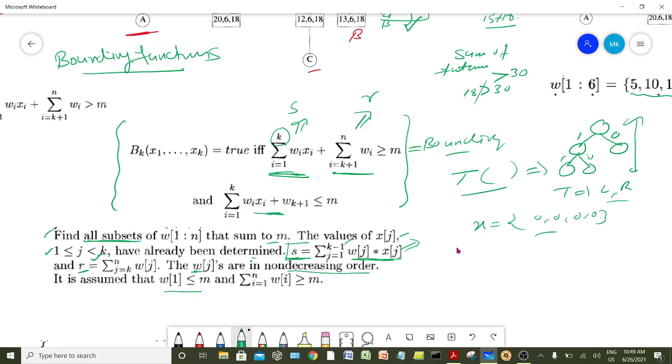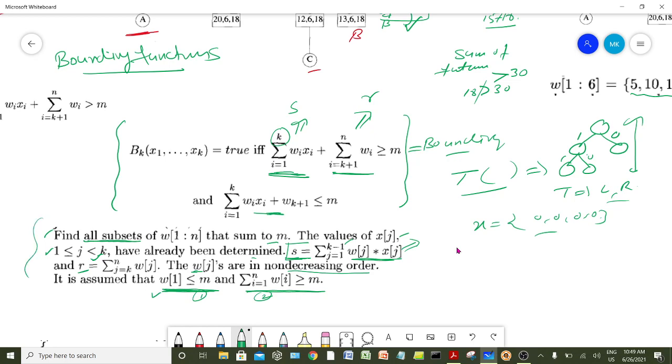And the important conditions are that the weight of the first item is less than or equal to m, and the total weight of the subset is greater than or equal to m. So these two conditions are prerequisites, this is number 1, this is number 2.